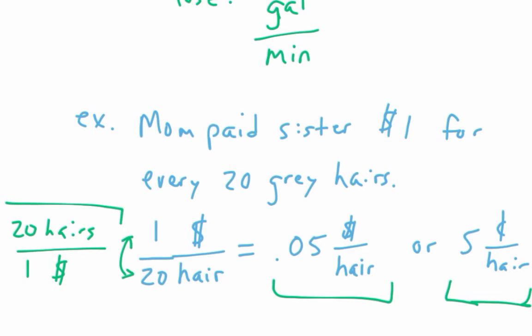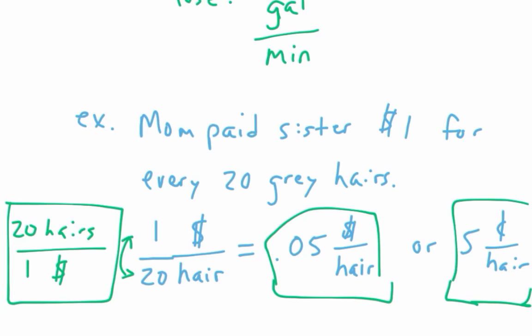So sometimes you may find you like the reciprocal better, that for every 20 hairs you pluck, you get $1. But really, any of those, I think this one on the far right is probably my favorite. 5 cents per hair makes the most sense to me. But any of those could end up working.